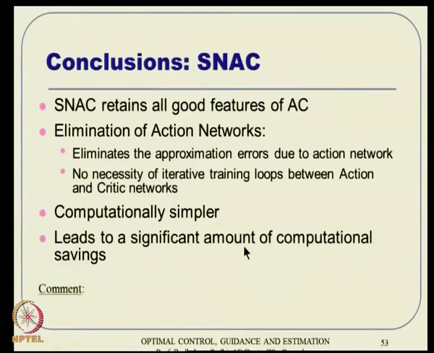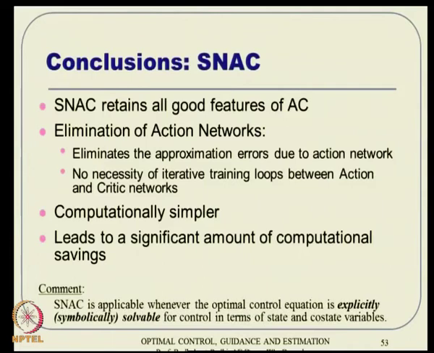Little more than half actually, but all that is happening with the assumption that SNAC is applicable whenever the optimal control equation is explicitly or rather symbolically solvable for control in terms of state and co-state. That you should not forget actually. And if you have a quadratic cost function and control affine system dynamics, then this condition is always valid actually.